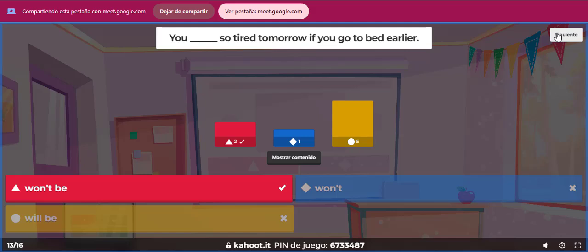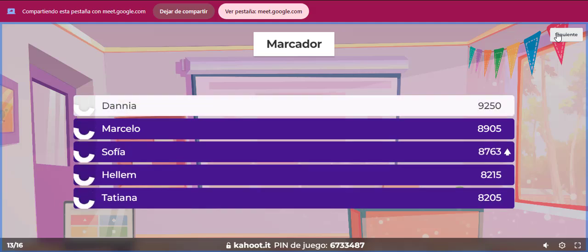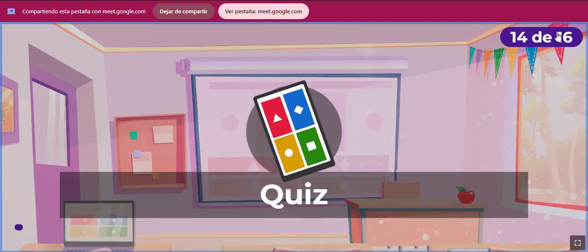You won't be so tired tomorrow, meaning that today the person is really tired. So in the sentence they are recommending that the person goes to bed earlier tonight. Good, Dania keeps the first place.